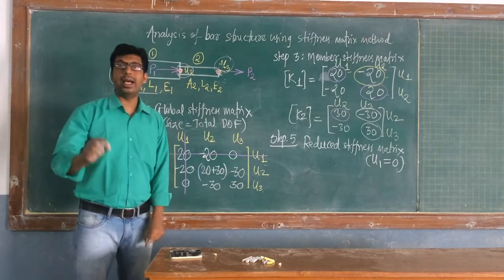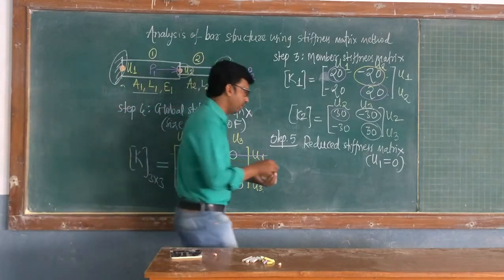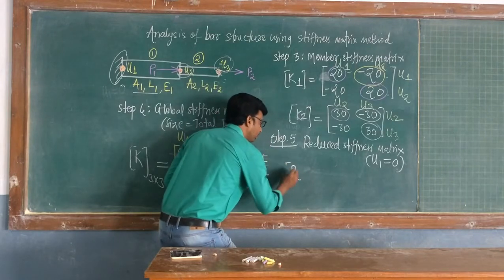The remaining stiffness matrix is called the reduced stiffness matrix.